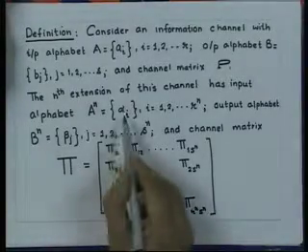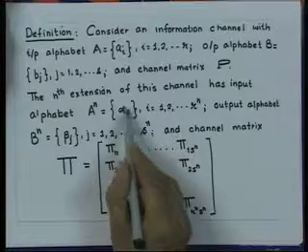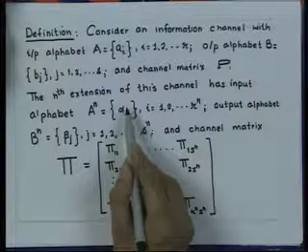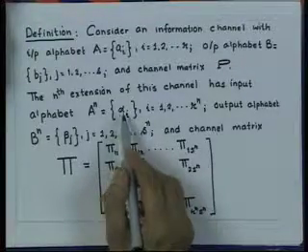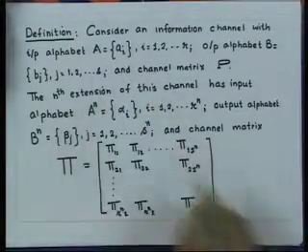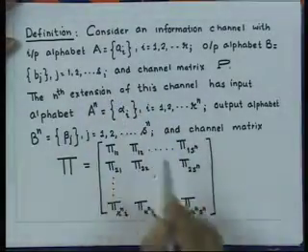Now, each of the inputs alpha i consists of a sequence of n elementary input symbols.